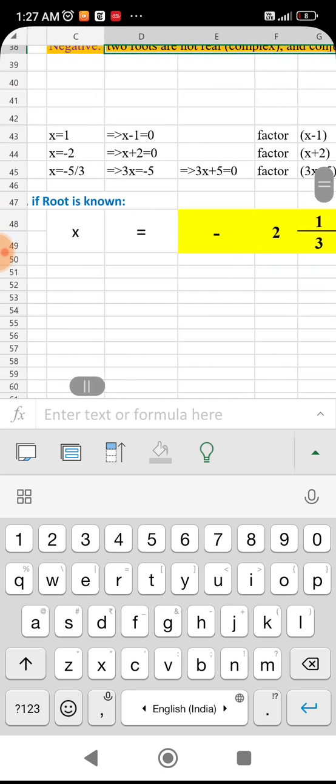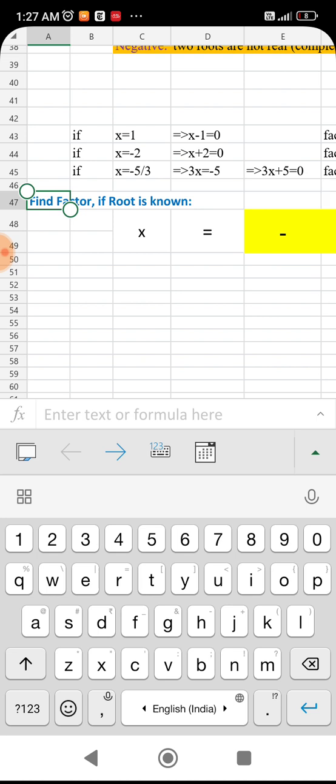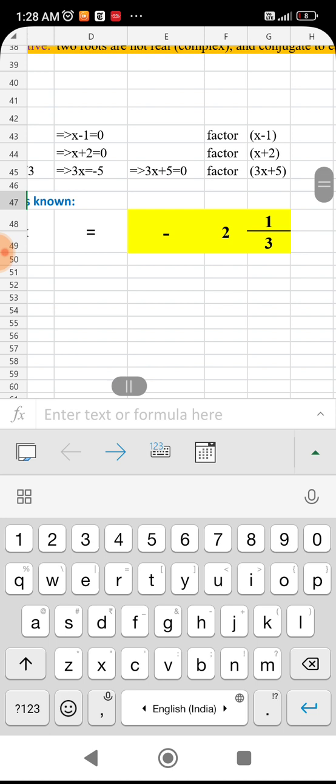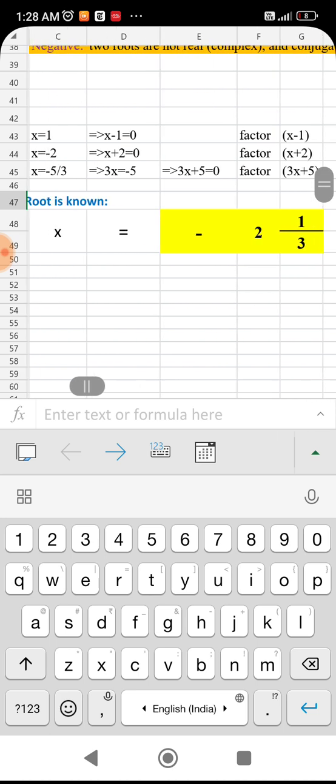Now we are coming to the next type of problem. Another MCQ problem: find the factor. What will be the factor if the root is known? Suppose x equals this value. What is the factor in that case?